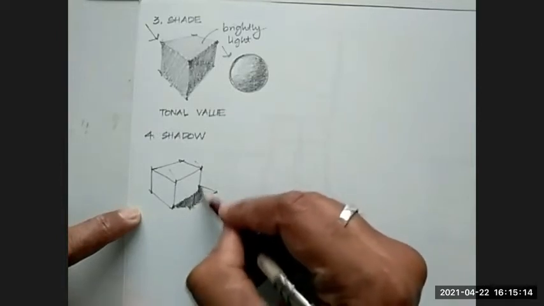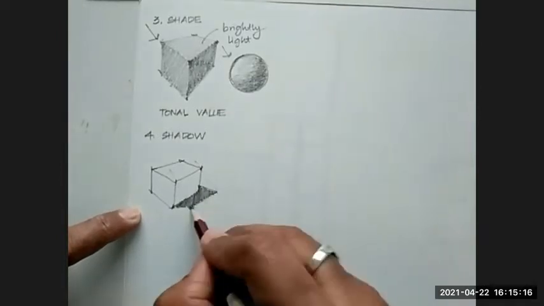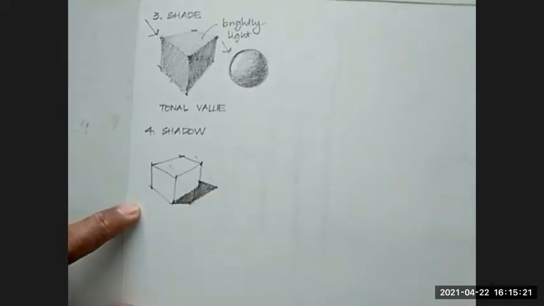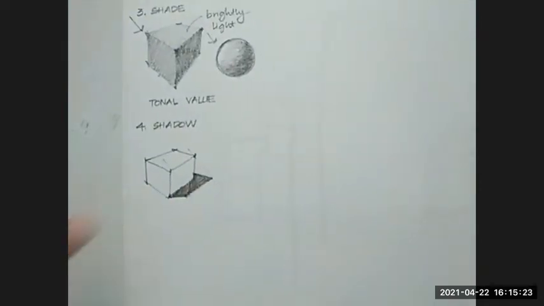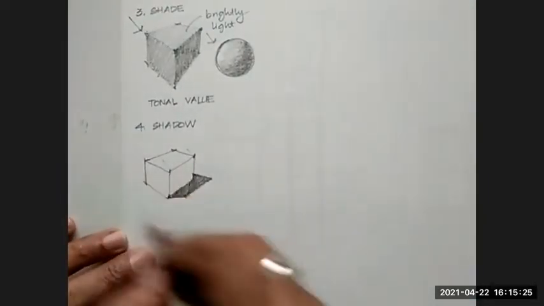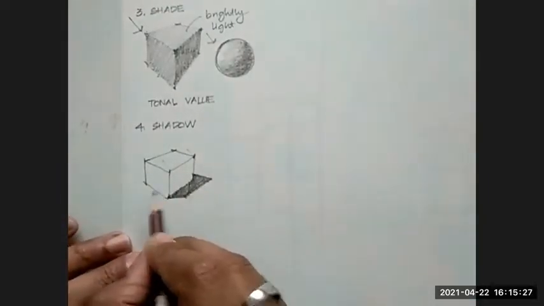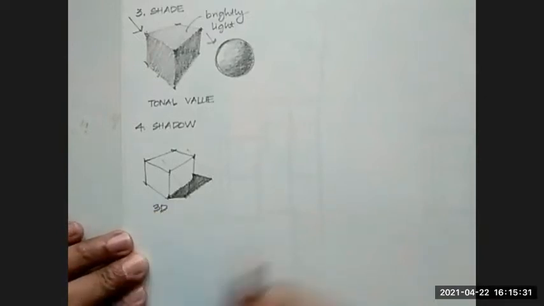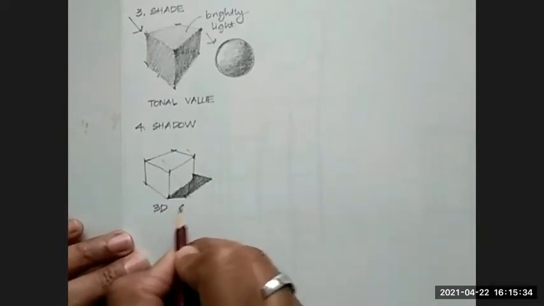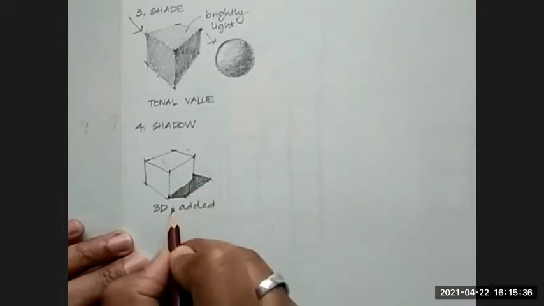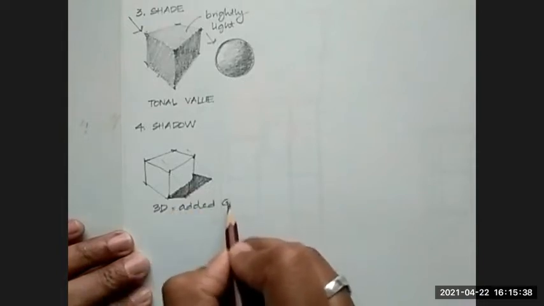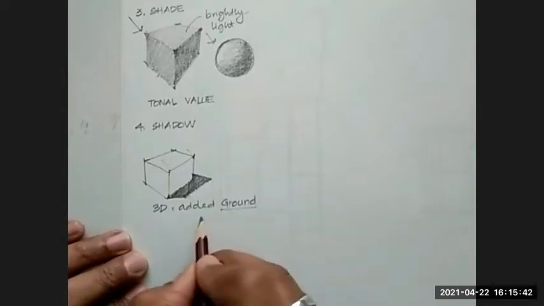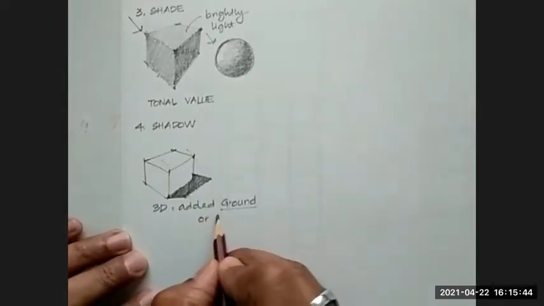Now darker value can be up till black, very dark values also. So this is how it creates. So very simply you will see, without any shading also, the shadow has created 3D. It has added ground, because the shadow will fall on ground or it will fall on the object.